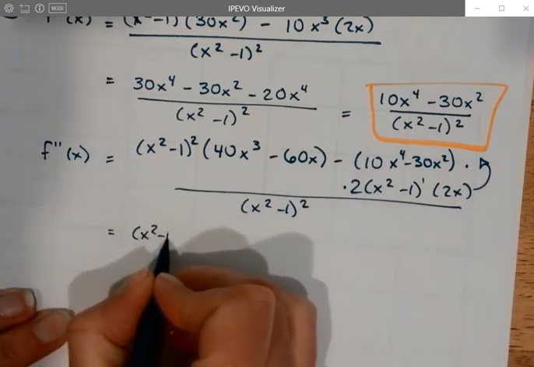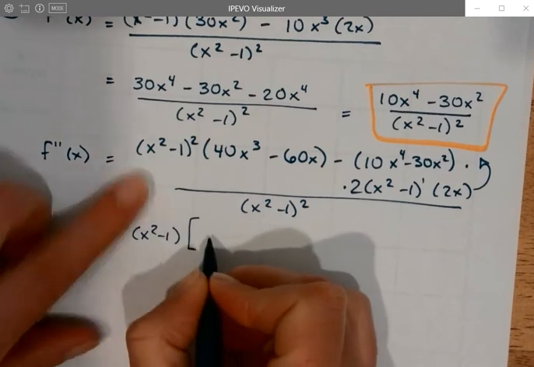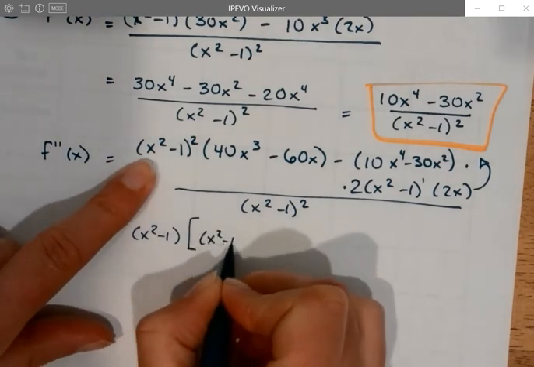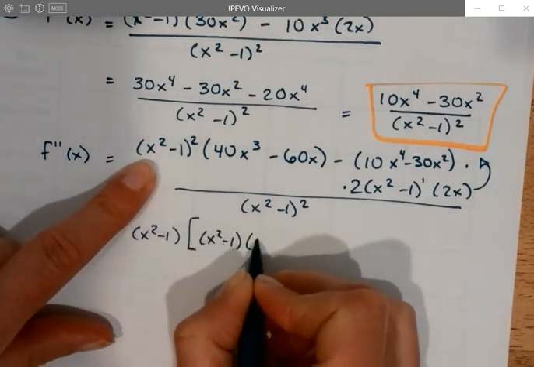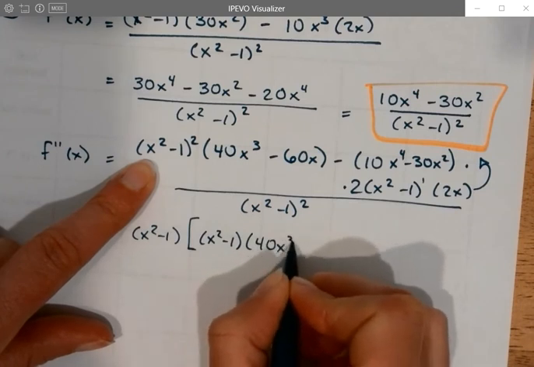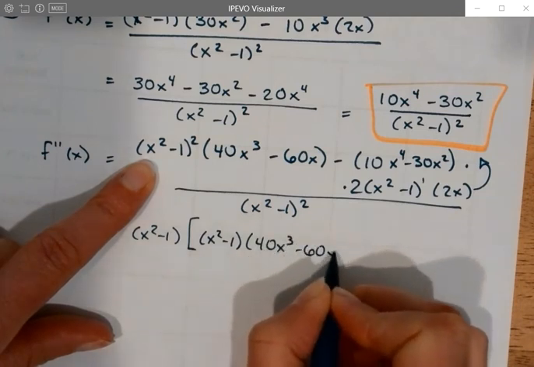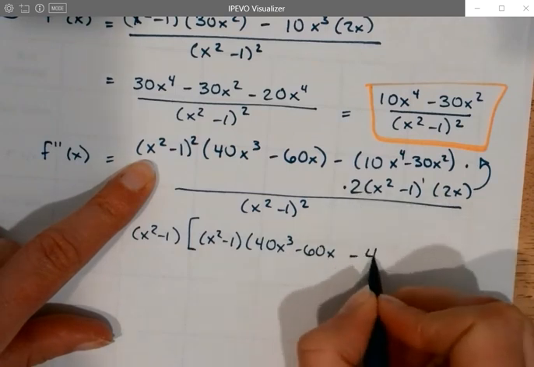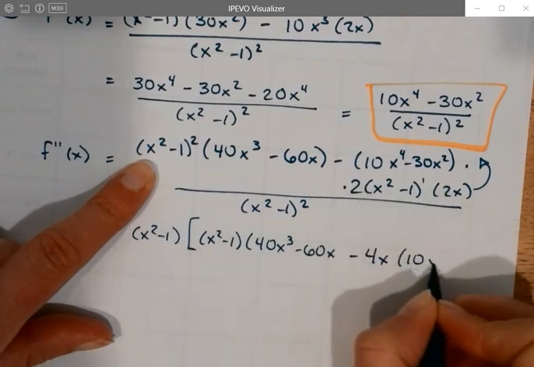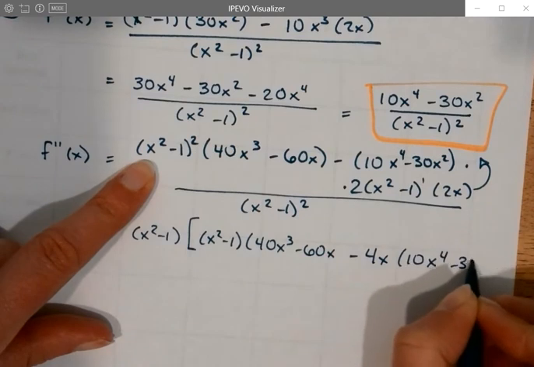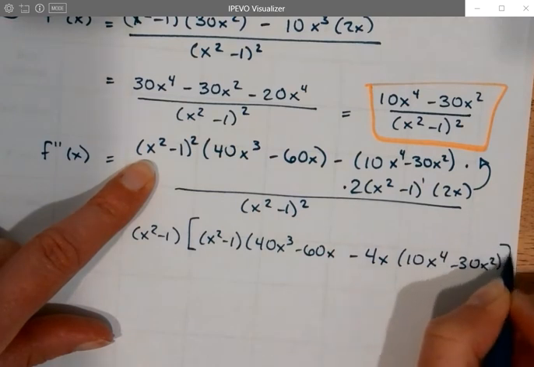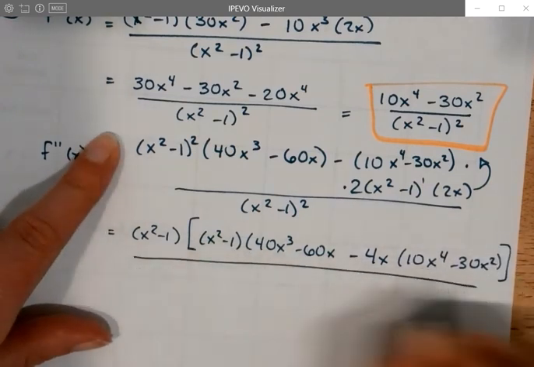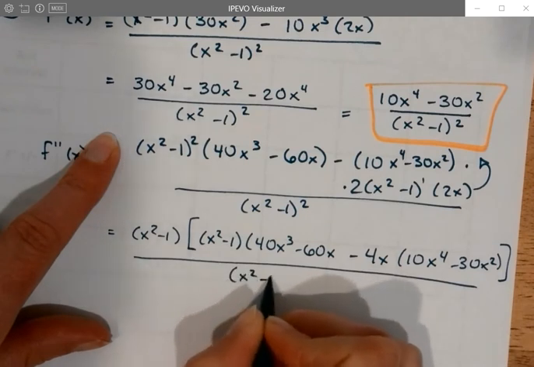So I have x squared minus 1 times, there's going to be a single x squared minus 1 left here, times the 40x cubed minus 60x, and then we'll have minus, and we have 4x times 10x to the fourth minus 30x squared over our x squared minus 1.